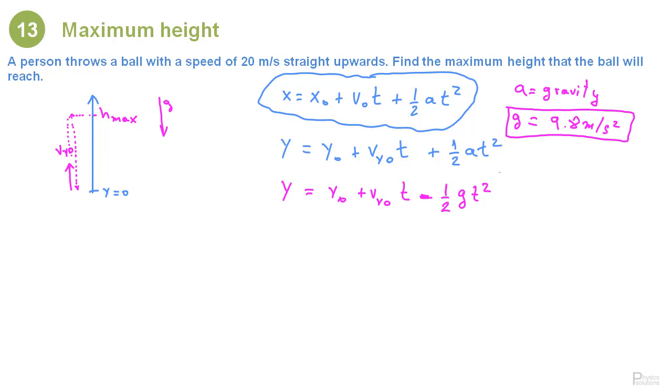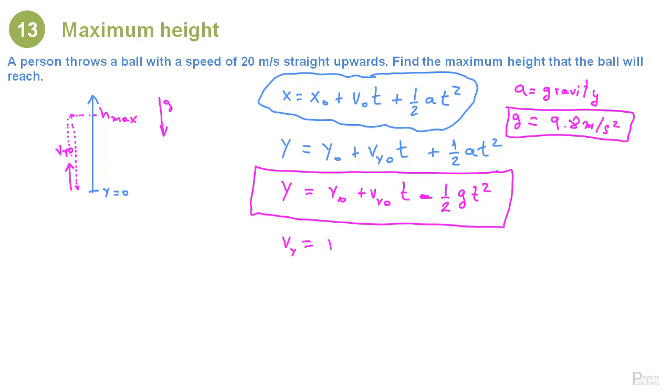So this is the formula that we are going to use for the position along the y-axis for free falling objects. Similarly, the other formulas that we have remain valid here. So we also have the expression for the velocity in the y-axis. We can put a little y if we want here.